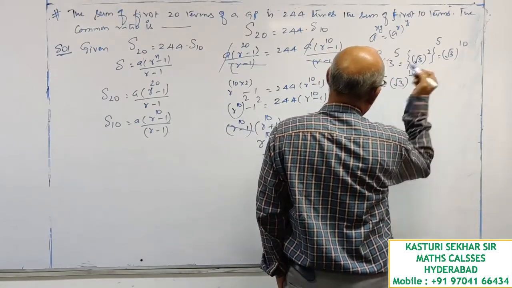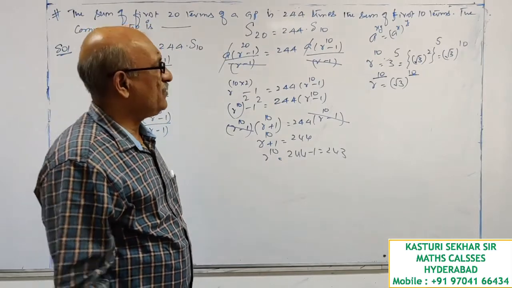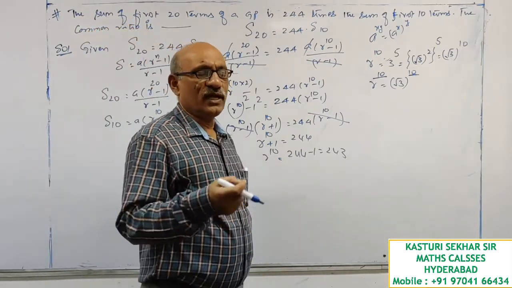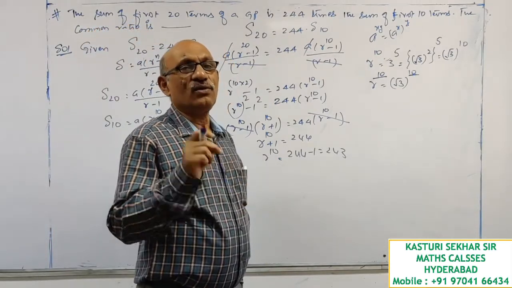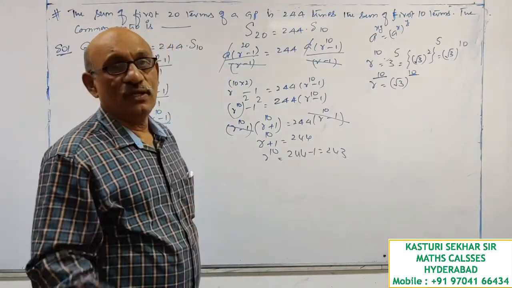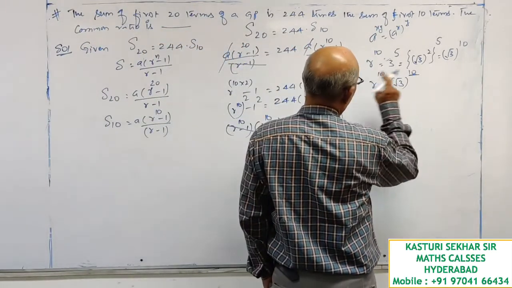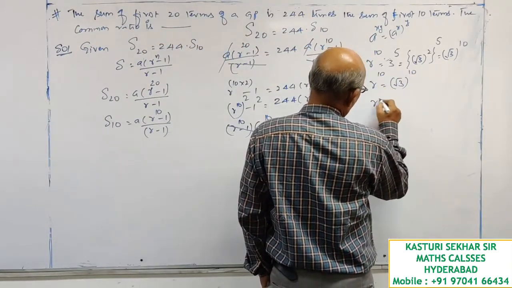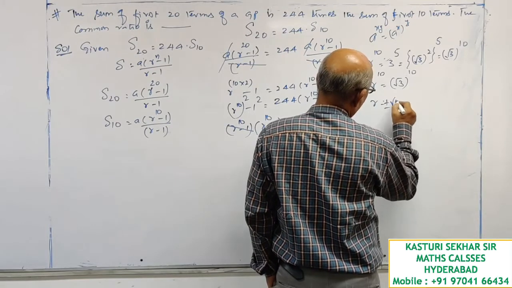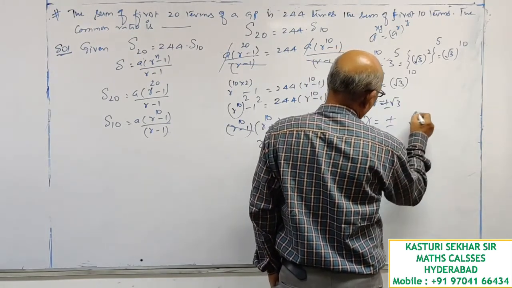Power is an even number. So whether the base is plus root 3 or minus root 3, in both cases this equality is true. Therefore R is equal to plus or minus root 3.